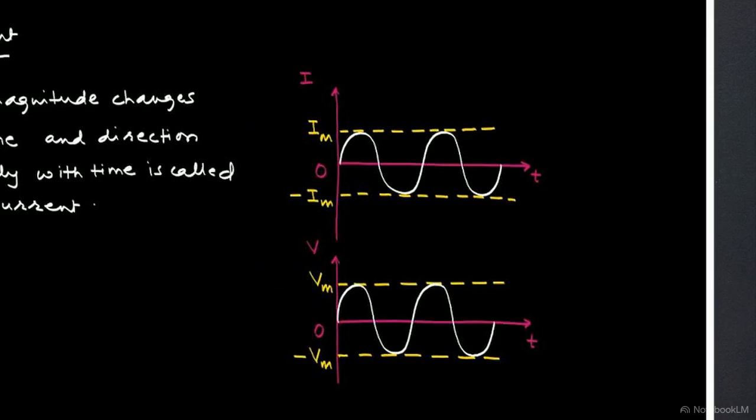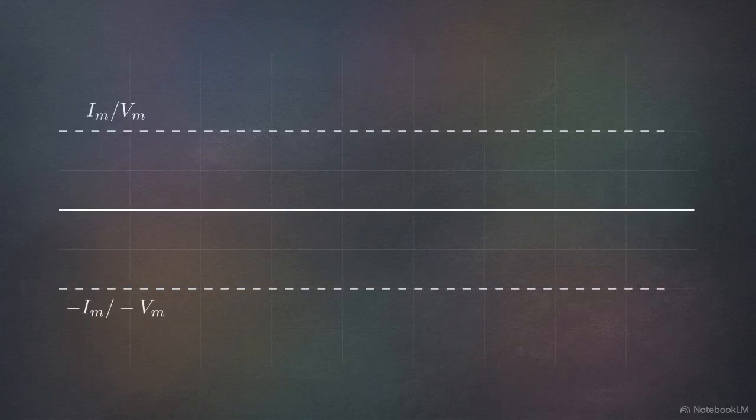A full cycle starts with electrical pressure at 0. The line arcs smoothly upward until it hits that maximum positive peak. Obeying the rule that magnitude must change continuously, the pressure immediately curves back down, falling all the way to the 0 line. The curve then plunges downward until it hits the exact opposite limits, negative Im and negative Vm.